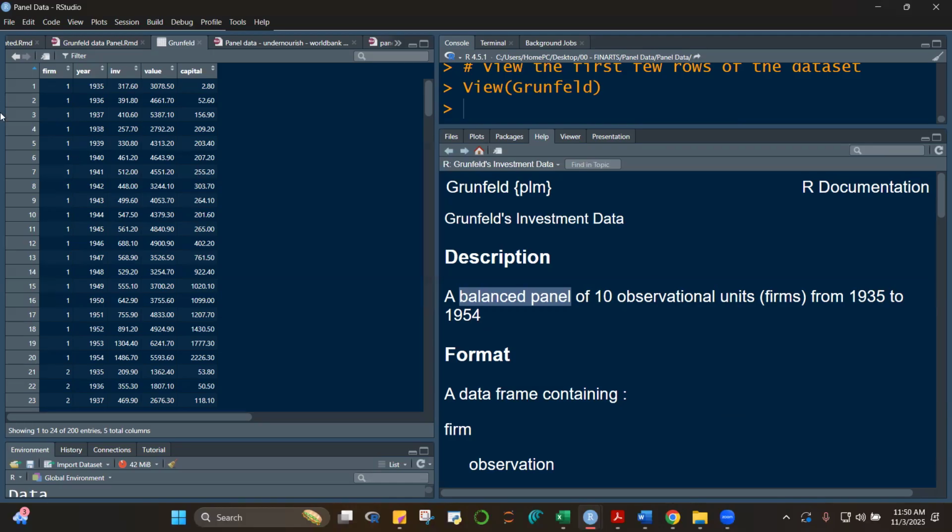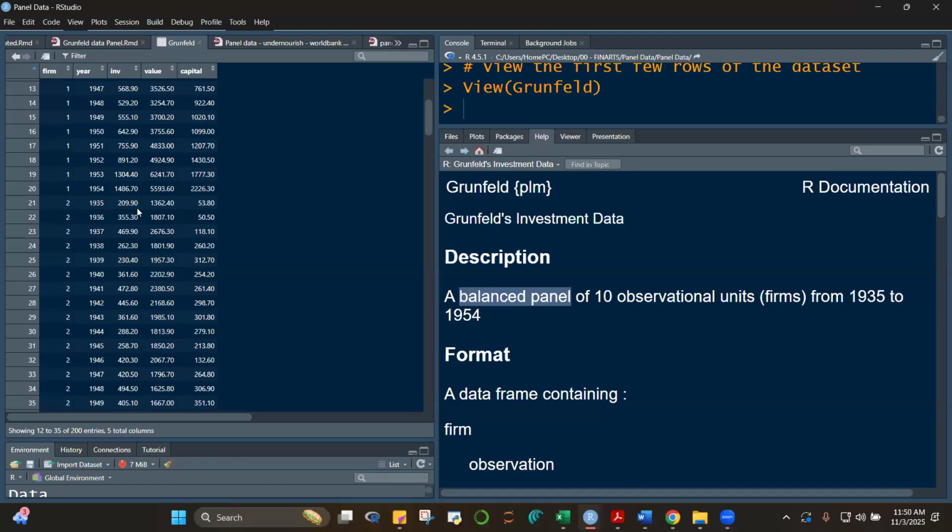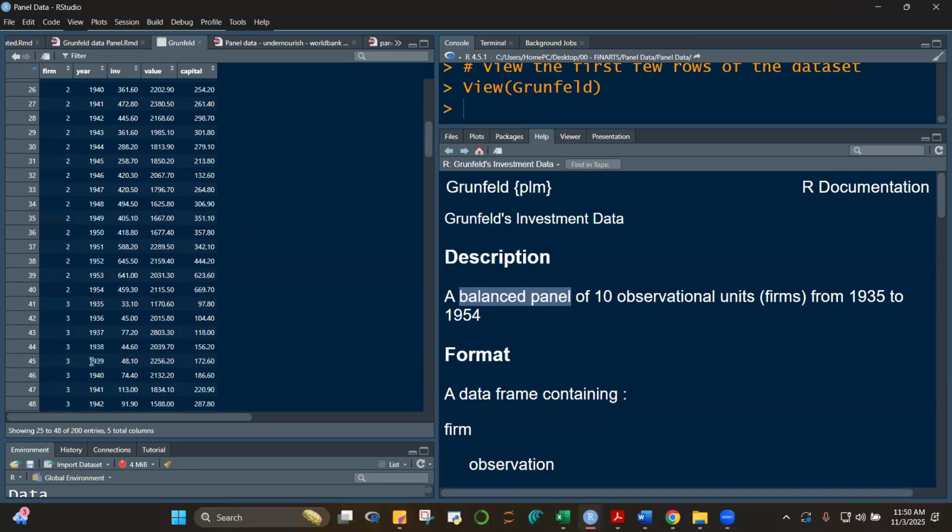So that means that firm 1, 1935 up to 1954, is present. Firm 2, 1935 up to 1954, also has data.